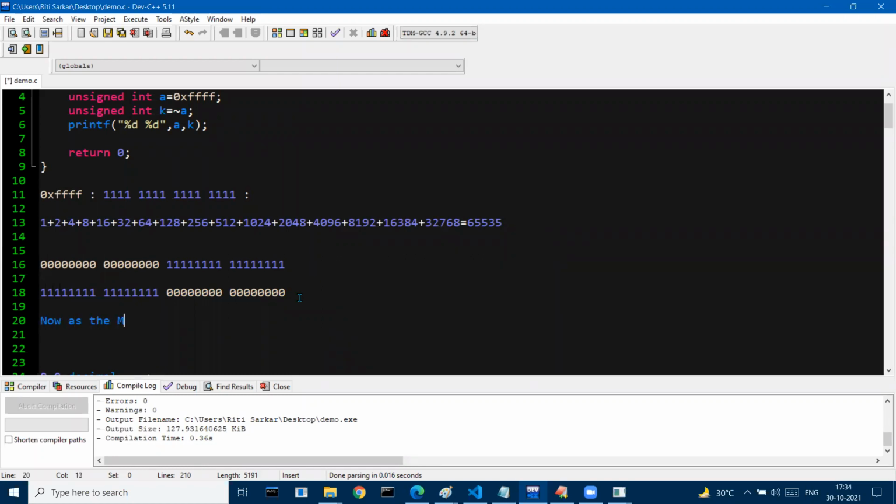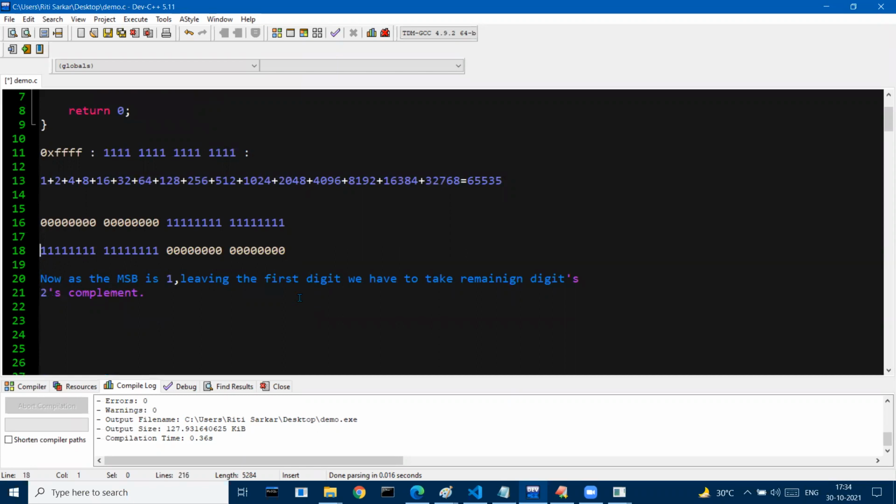Now, as the MSB is 1, what to do? Leaving the first digit, we have to take the remaining digits. Leave this one, guys. These are the remaining digits.